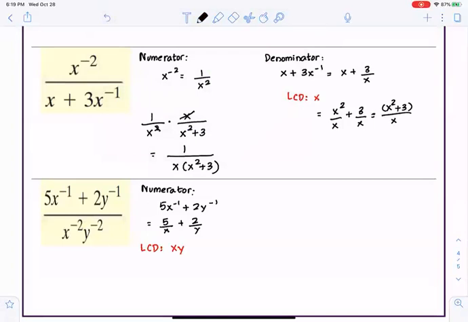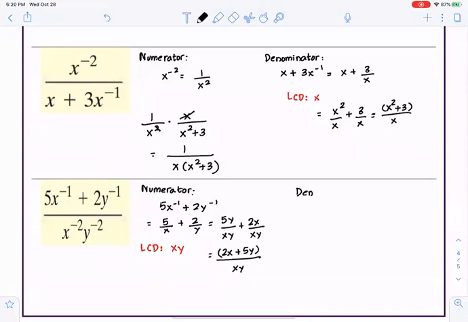So I'm going to multiply and divide the first term by y, so I have 5y over xy, and the second fraction by x, 2x over xy. We have a common denominator, so 2x plus 5y if I combine the numerators.